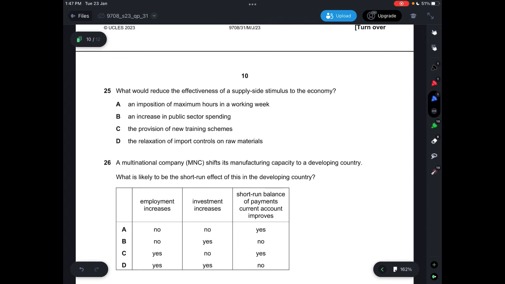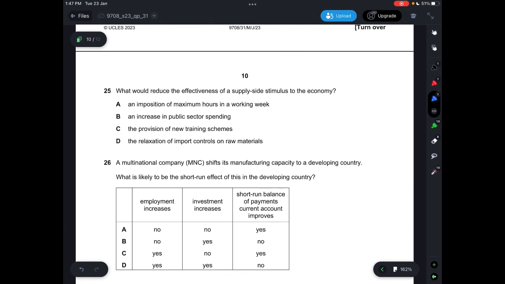25, what will reduce the effectiveness of a supply side stimulus to the economy? Reduce the effectiveness of supply side policy. So D says the relaxation of import controls, which is not really the answer, because if there's a relaxation of import controls, that means there will be more raw materials entering the country from other countries. C says the provision of new training schemes, which would increase the effectiveness of supply side stimulus.